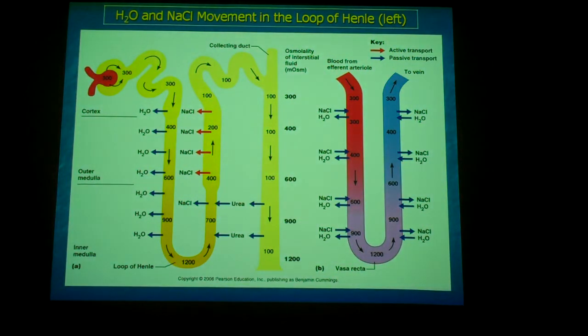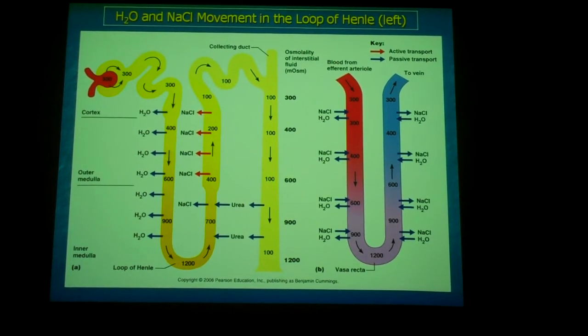Now, here's an example of what happens as we go through the loop. So here is our renal corpuscle, here's our proximal tubule, and now we're in the loop here. Now, this number, 300 here, represents the solute concentration of blood, or the osmolality of blood. Actually, it's 295 milliosmoles per liter, but we just rounded off to 300.